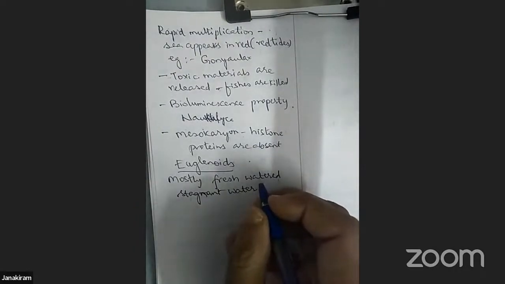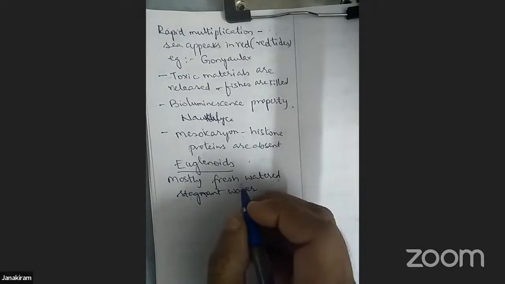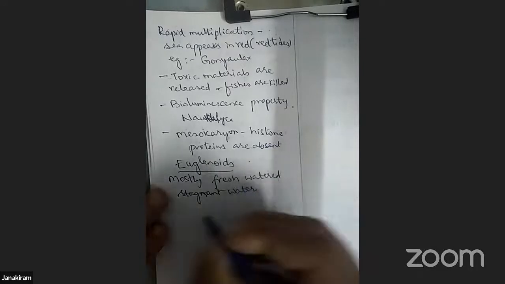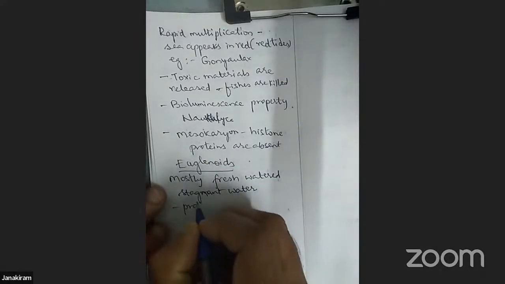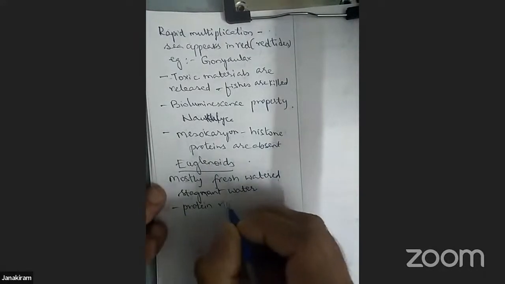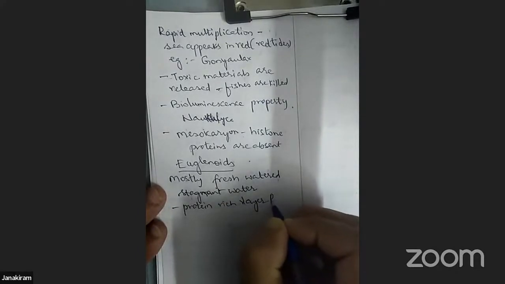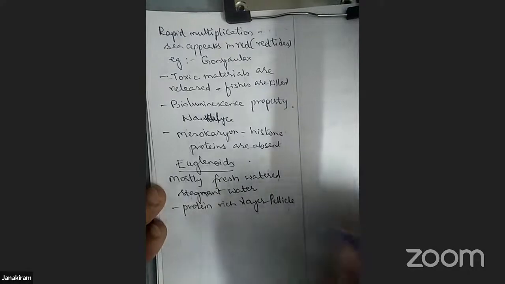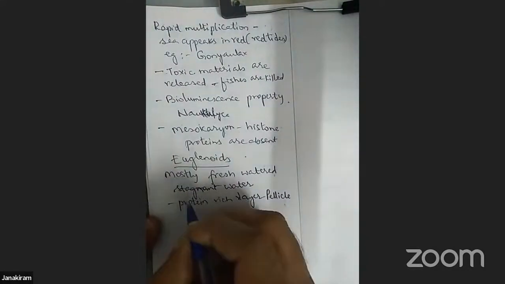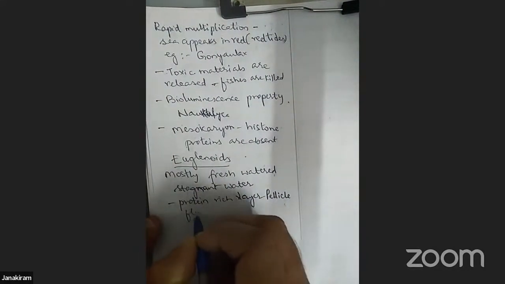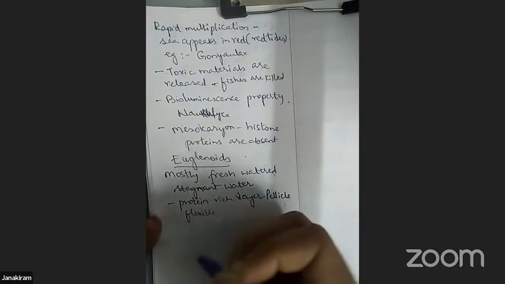Generally, they do not have a cell wall, but in place of a cell wall, they have a protein-rich layer. This protein-rich layer is called a pellicle. And because of the pellicle, it is flexible in nature.